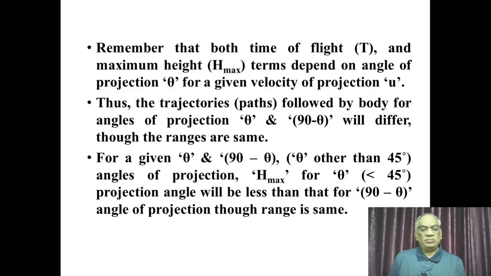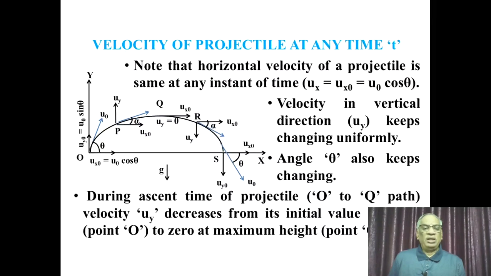That means the maximum heights attained are different, though the ranges are the same for angles of projection θ and 90 minus θ. Already we have mentioned that the horizontal velocity component at any instant of time remains the same, that is ux = ux₀, where ux₀ is the horizontal velocity component at the initial condition, u₀ cos θ. The vertical component keeps changing uniformly, and the angle of projection θ at the initial condition keeps changing to another value α with the horizontal at any time t, as shown in the slide.